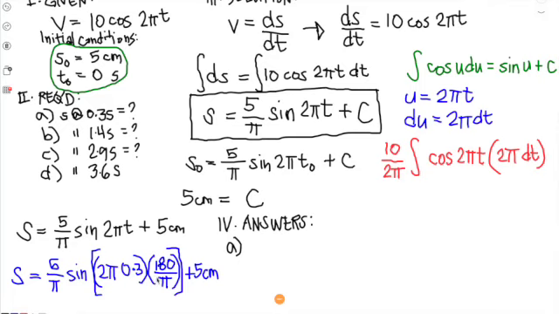That's 2 times 0.3 times 180, which is 108. So sine of 108 degrees, or if you like, that would be sine of 2 pi times 0.3 in radians.